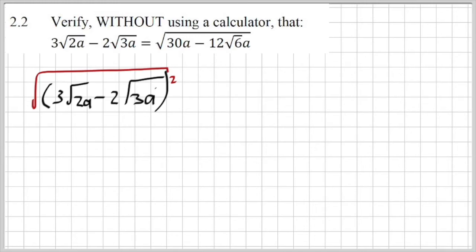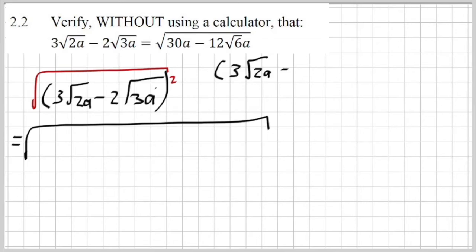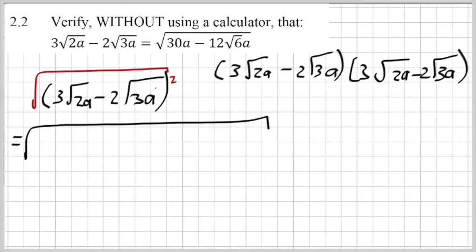I'm going to see if I square that 3 root 2a minus 2 root 3a, I square it out, what do I get? Inside the root, I'm going to sit with a big expression. But that big expression comes from taking that bracket under the root and squaring it out.